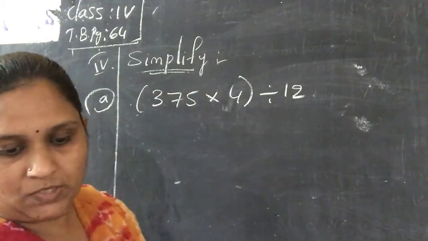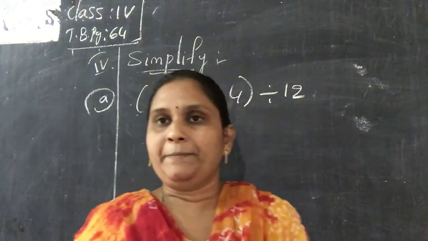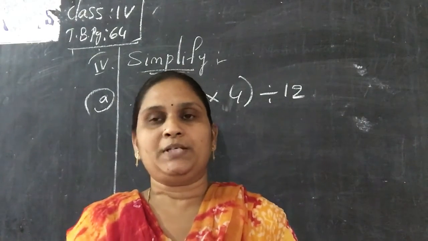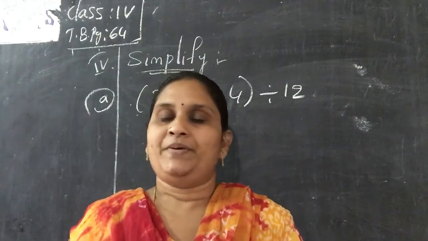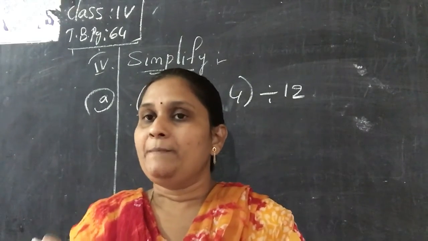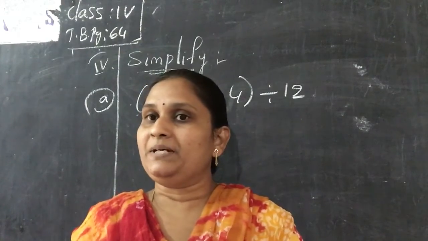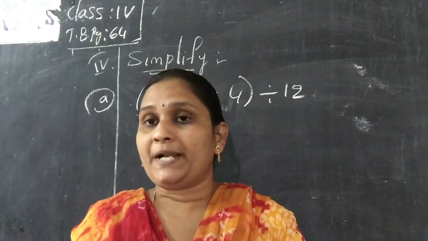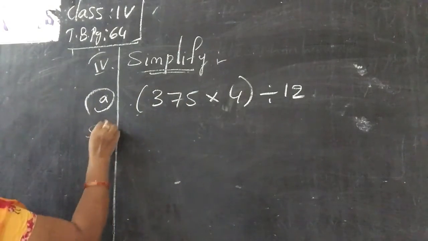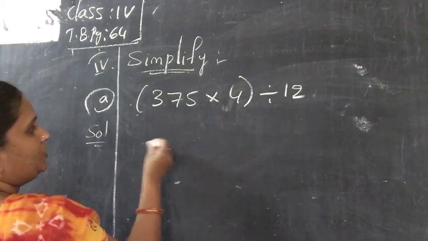Okay, so first what you have to do is, the numbers which are given in the bracket, that you have to do first, whether it will be addition, multiplication, subtraction or division, whatever it may be, you have to find the number given in the bracket first. So in the bracket, 375 into 4 is there.